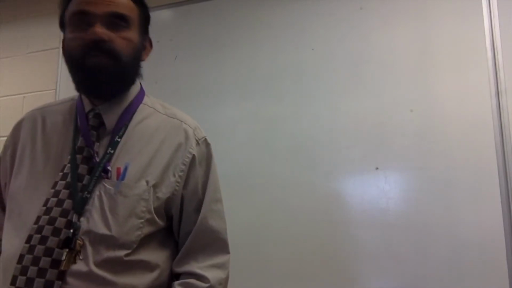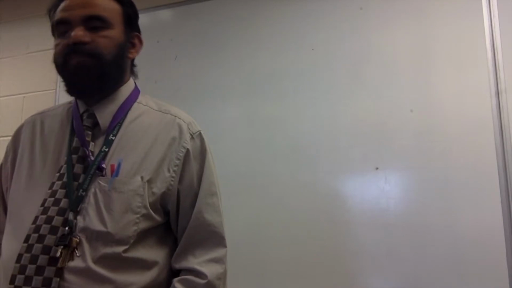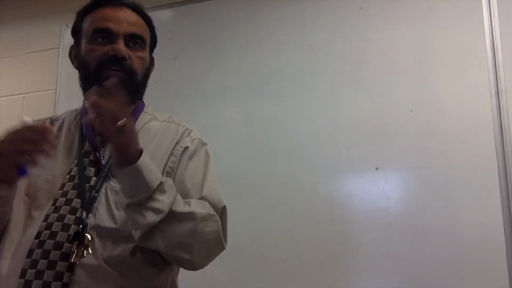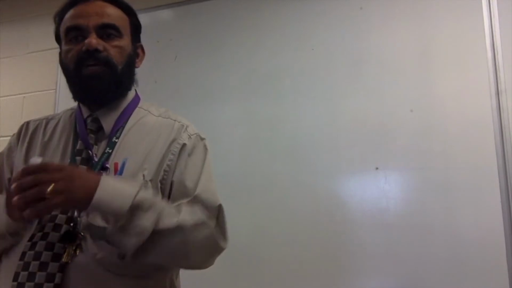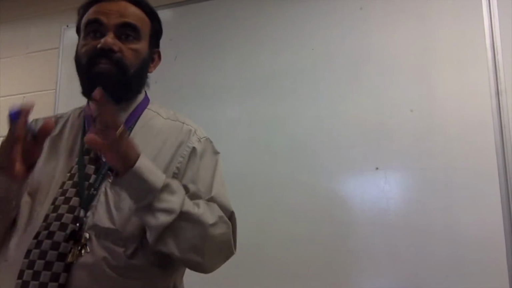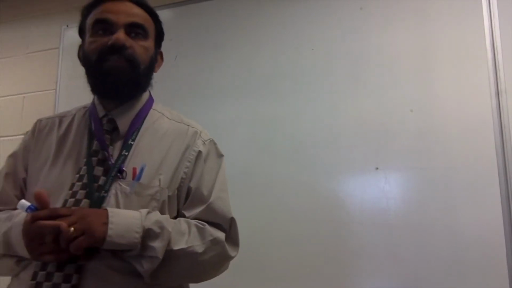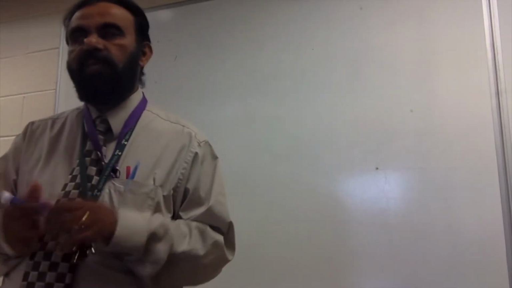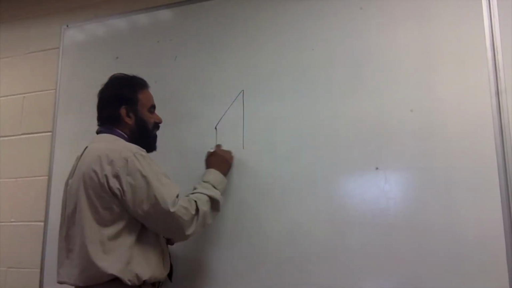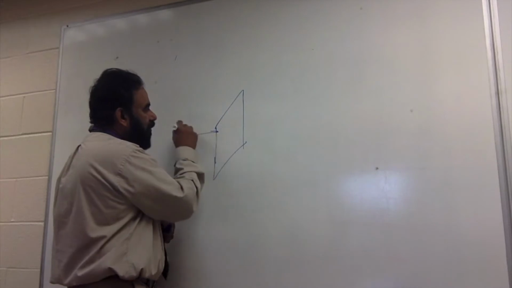Now, Gauss's law simply states this: if you have a surface and there is flux going out from it, how much flux is going out depends on the electric field at that location and the area. How much flux is passing through a certain area?